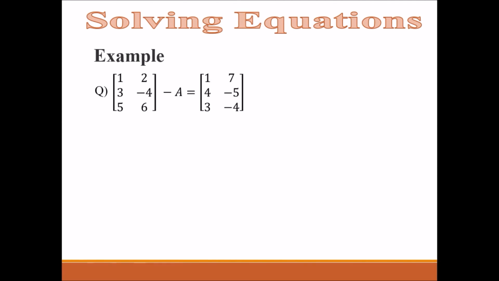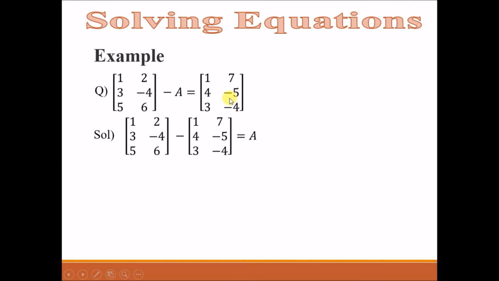Now, we can also solve equations by addition and subtraction. So how can we solve it? The rightmost matrix will come on the left-hand side of the equation and its sign will be changed. The matrix A will go on the right side and its minus sign will become positive.